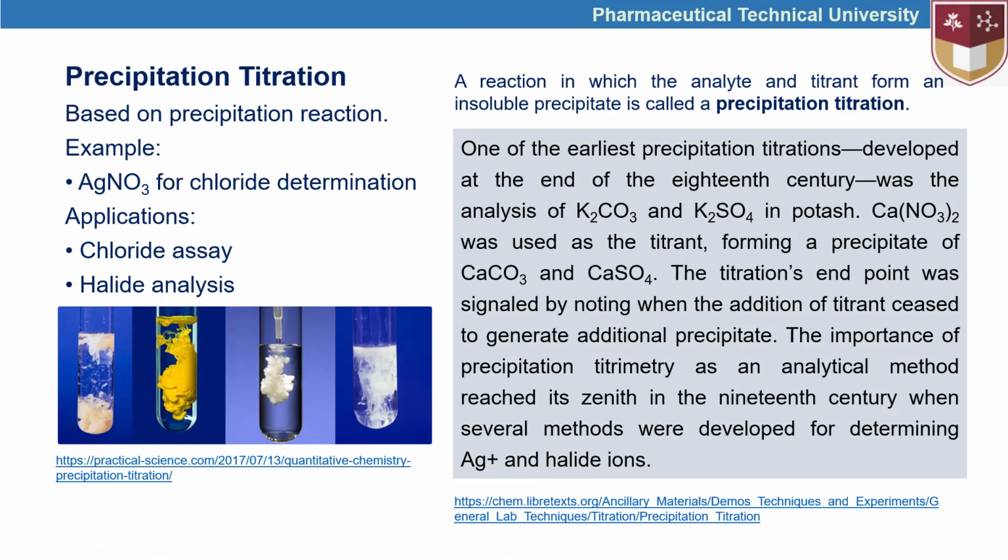So we can consider that stopping point of the formation of more precipitate as the ending point of titration. So that can be used as the ending point of titration in the precipitation titration method. The importance of precipitation titrimetry as an analytical method reached its zenith in the 19th century when several methods were developed for determining silver ions and halide ions.